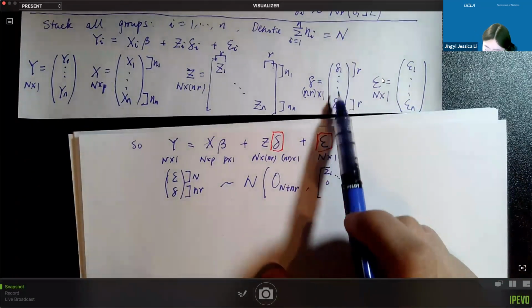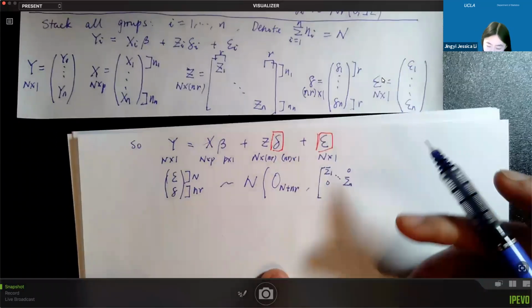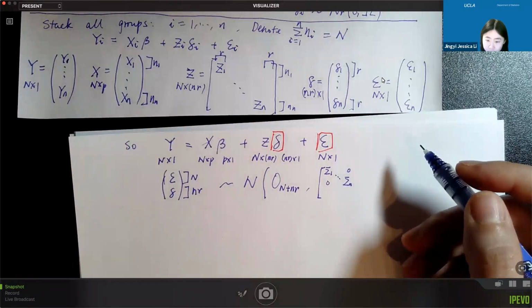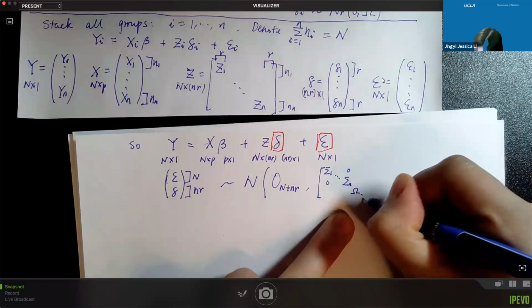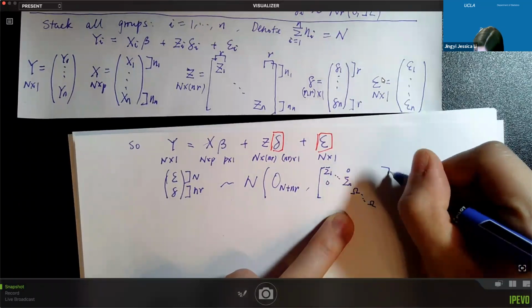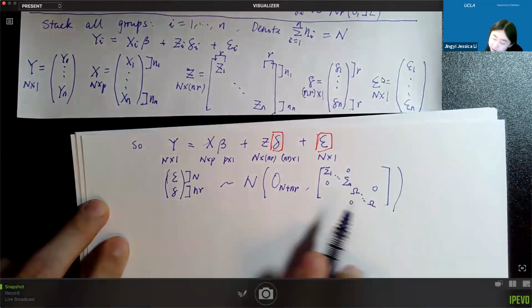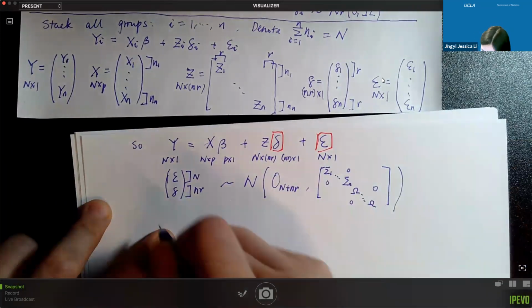Delta 1 to delta N. For each delta i, we used to write its covariance matrix as omega, if you recall. So then we could just write omega N times, with 0 here, 0 here. So that will be that covariance matrix. But we can also simplify it as always.